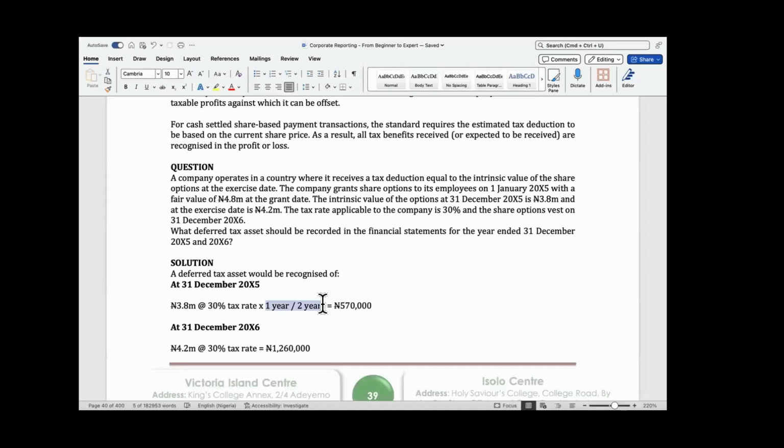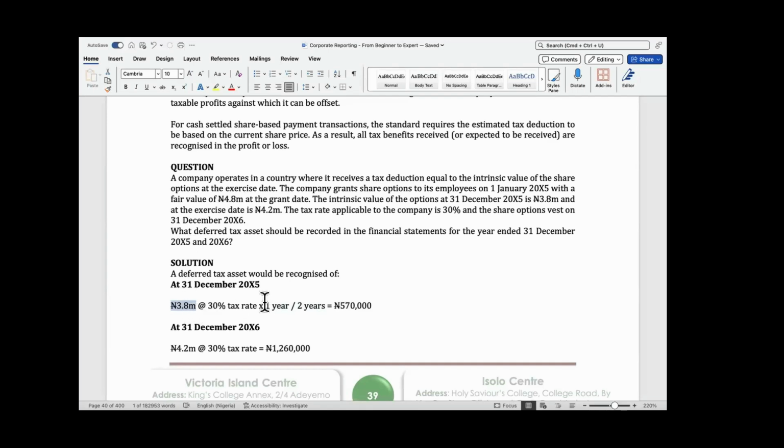Since this relates to 2 years, don't forget, this value is happening at the vesting date, which is 2006.